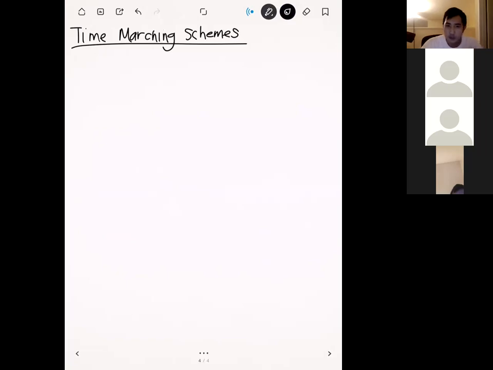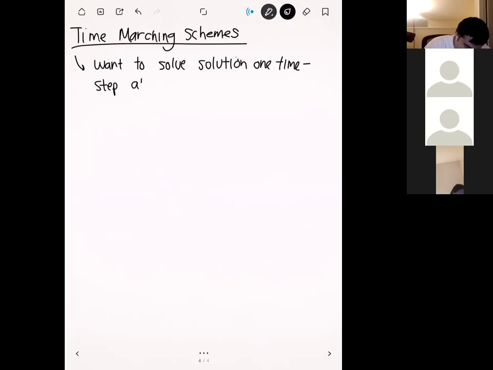And we're basically going to be solving the solution one time step at a time. Okay. And so programmatically, what this means is a loop is basically a necessity. And so anytime we have a time dependent problem, we're going to be using a loop to do that.